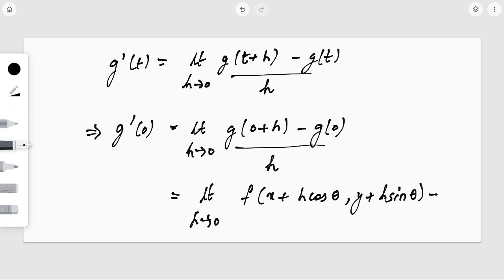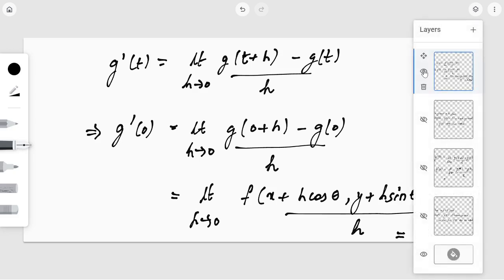G of 0, substituting t equal to 0, is nothing other than f of x comma y, whole divided by h. Do you find any resemblance with the directional derivative definition? This was precisely the definition of the directional derivative which we mentioned in the previous class, that is D_u of f of x, y. So this is one way of finding g dash of 0.